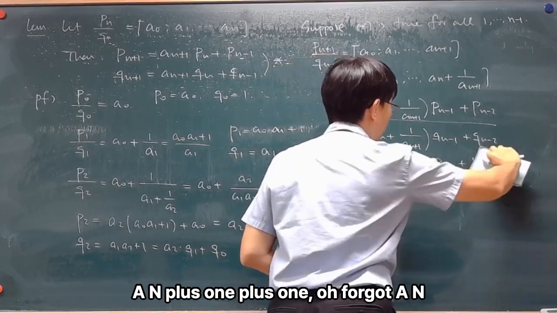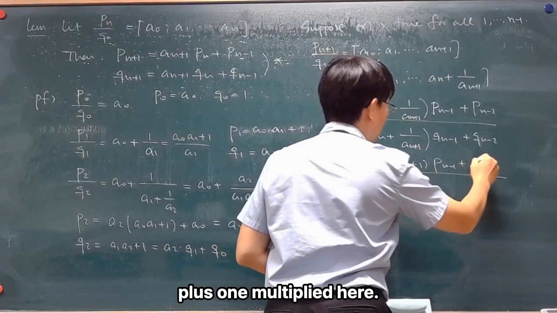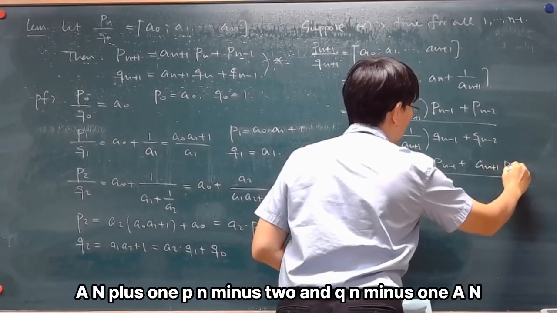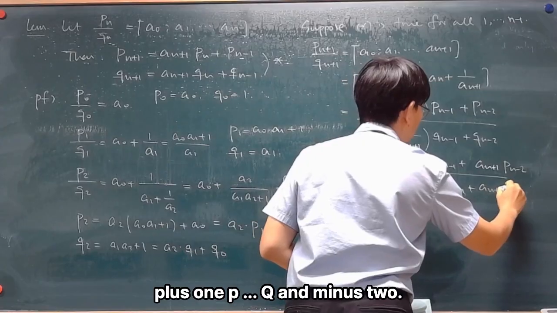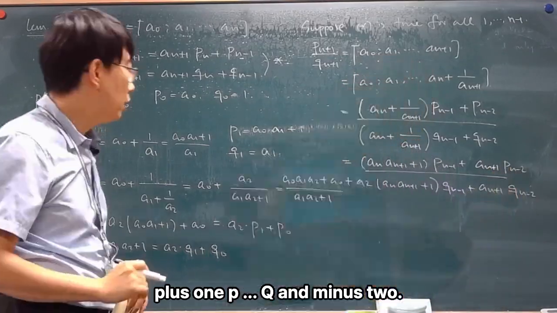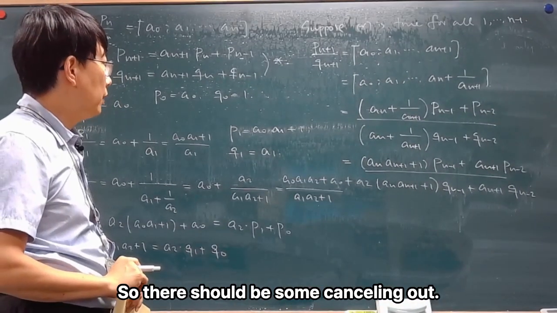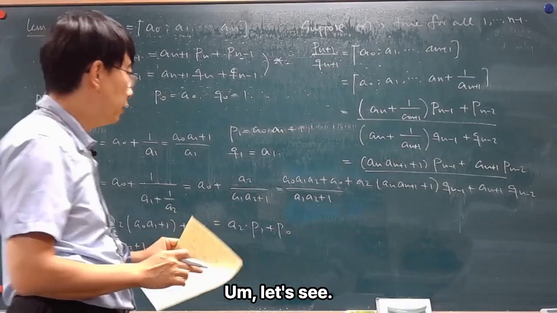Oh, forgot. An plus 1 multiplied here, an plus 1, Pn minus 2, and Qn minus 1, an plus 1, Qn minus 2. So there should be some canceling out. Let's see.